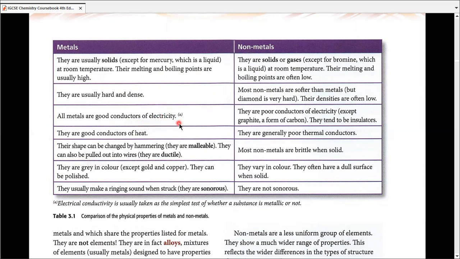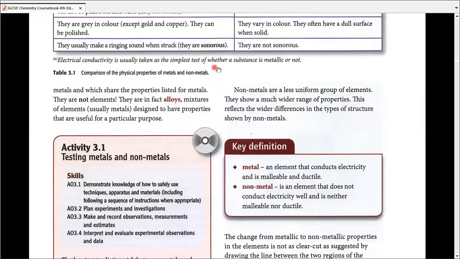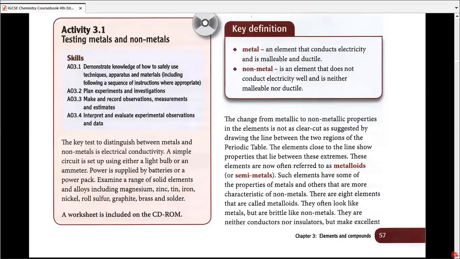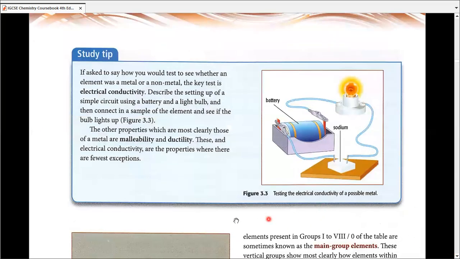All metals are good conductors of electricity, and that's marked with an A. Why do we write an A over here? It's written at the bottom of the table that it's the simplest test of a metal. A metal has many properties which are listed in this table, but this is the property we call characteristically a metal or not.